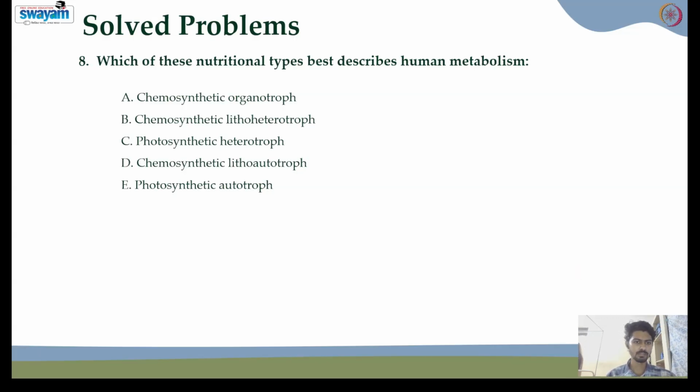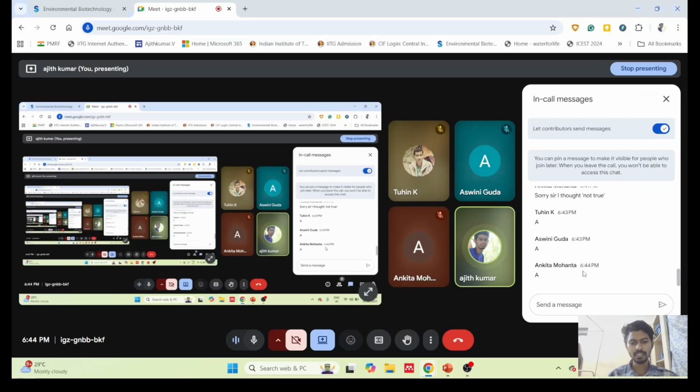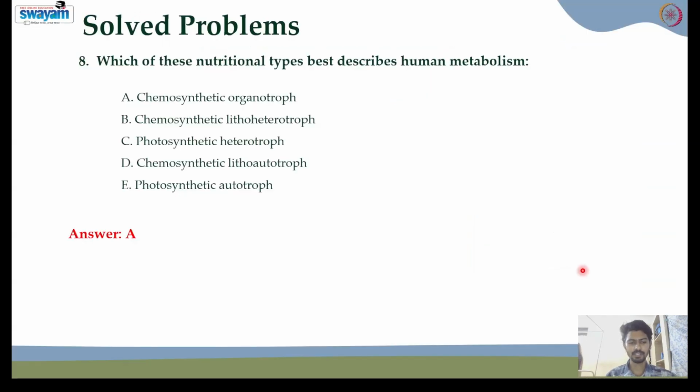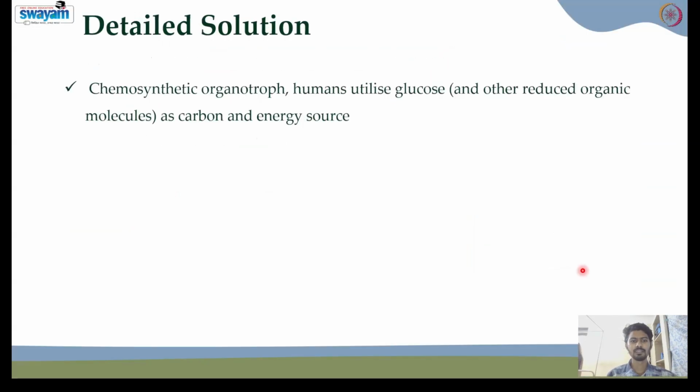Anyone? Okay, glucose. Yes, it is correct. Option A, humans utilize glucose as the carbon and energy source.